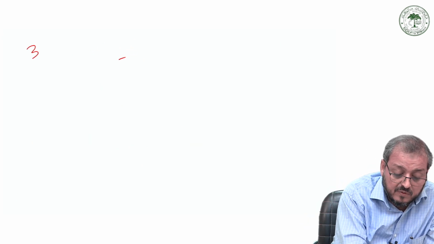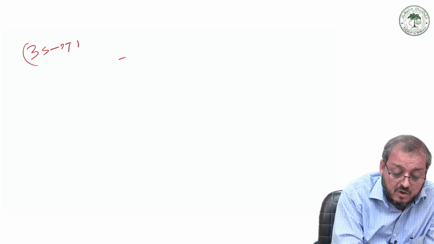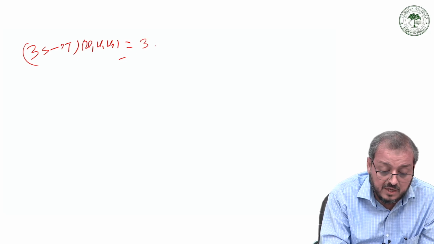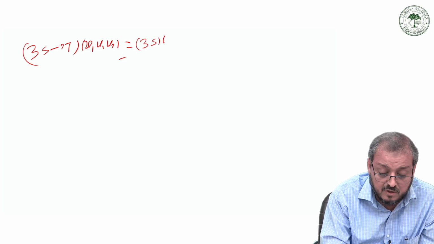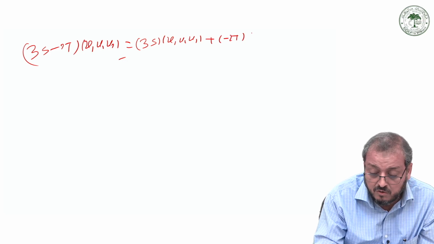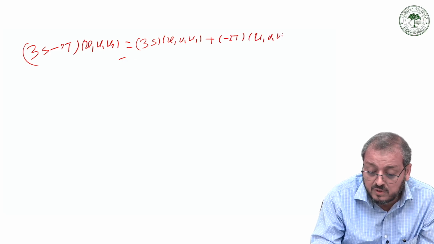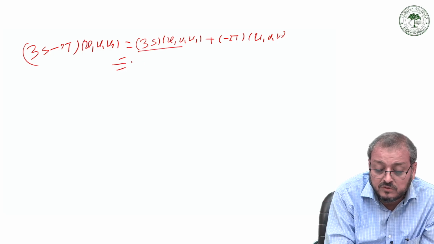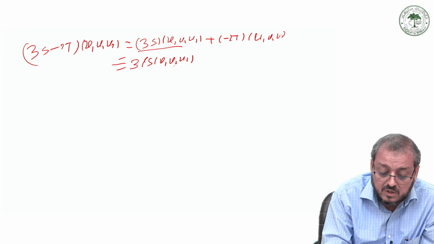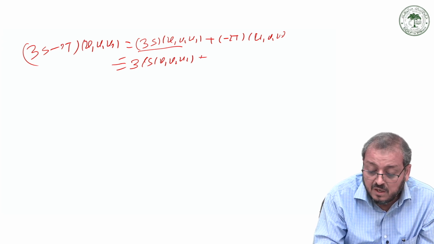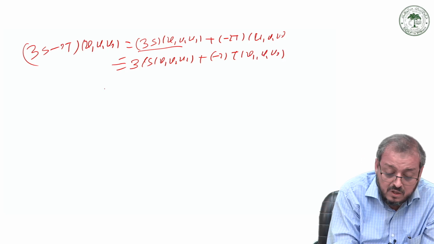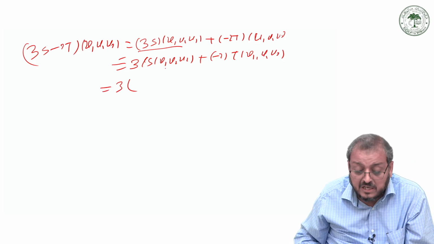We take 3s minus 2t over v1, v2, v3, which can be written as 3 times of s of v1, v2, v3 plus minus 2 times of t of v1, v2, v3, and by the product rules we can say that this is 3 times of s of v1, v2, v3 plus minus 2 times of t of v1, v2, v3.